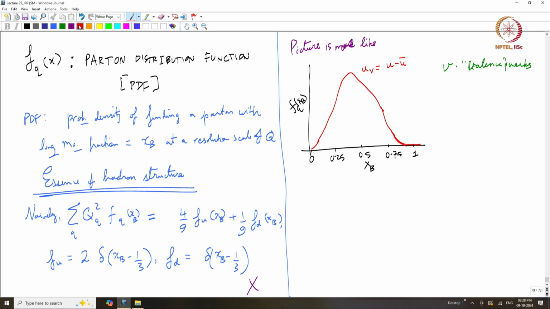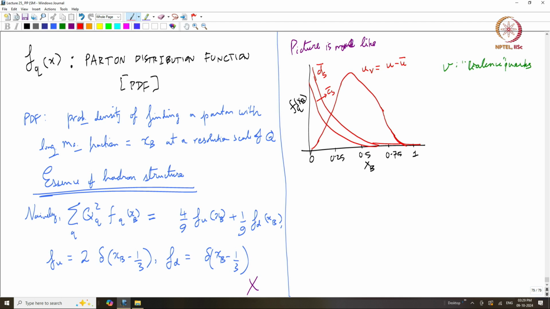So, for instance, I will have some PDF like this. For the C quark, I am putting an S down here, but it's an anti quark, anti D, and then I have other PDFs for C bar S basically, and so on.